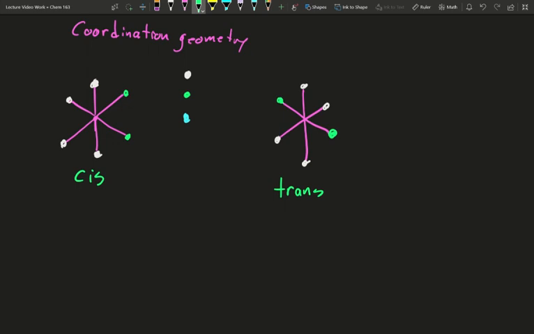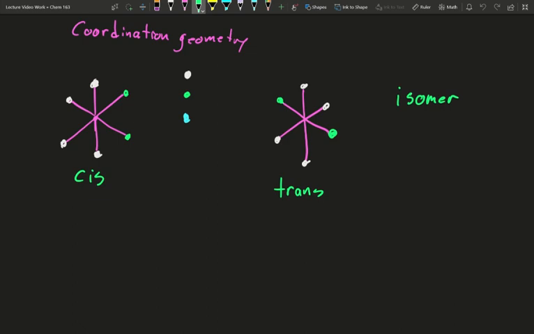And this can affect whether 2 ligands can actually be trans from each other. This type of difference for the same molecule, this is an isomer. This is a coordination isomer or a constitutional isomer. The idea is it's the exact same atoms, all bound together. The only difference is the positioning of them.